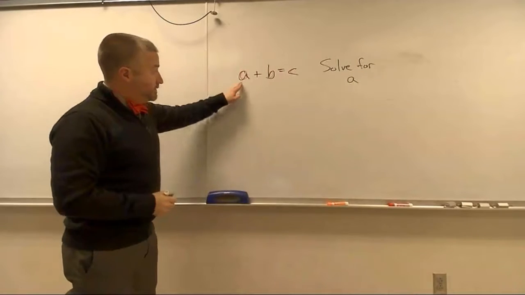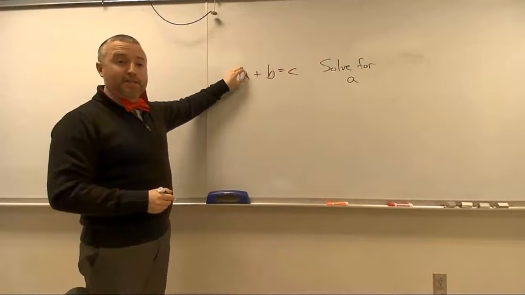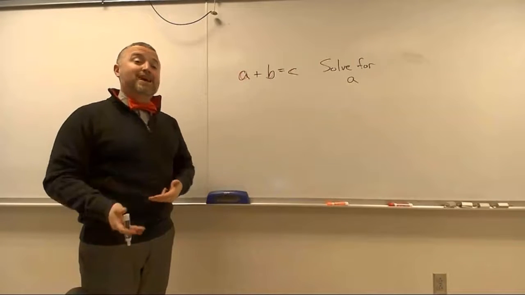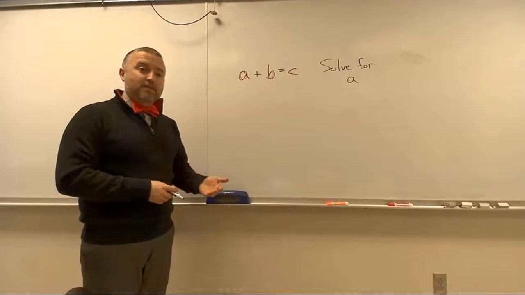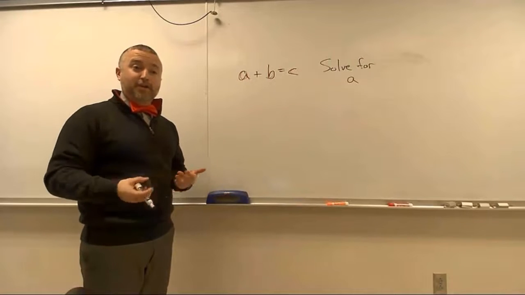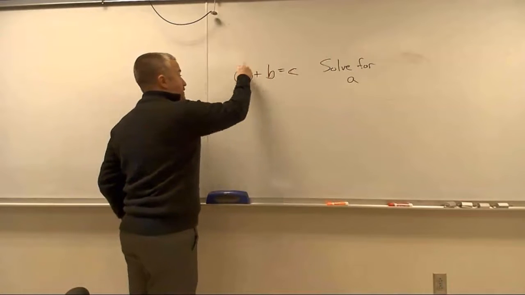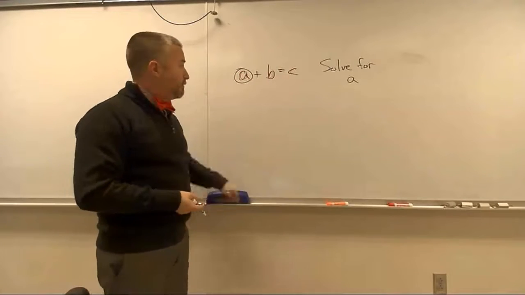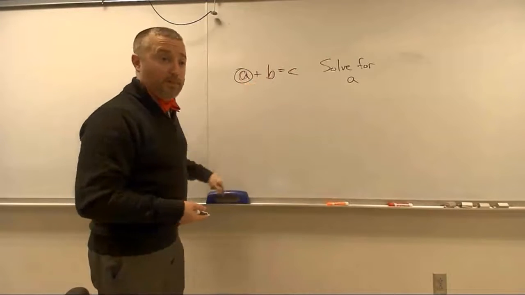If instead it said solve for A, this variable here, what I want to do is get this guy by itself on one side of the equal sign. So to do that, I follow the exact same rules as I did before. Just like I noticed that the 7 needed to be subtracted to get the x by itself, in this case, I want to get A by itself. Let me circle that just to make my life a little easier and say, what's keeping it from being by itself? Well, the B. What is the B doing? It's adding. So I'm going to do the opposite.